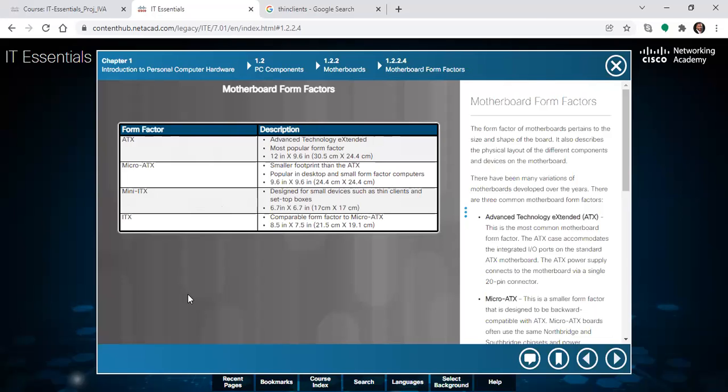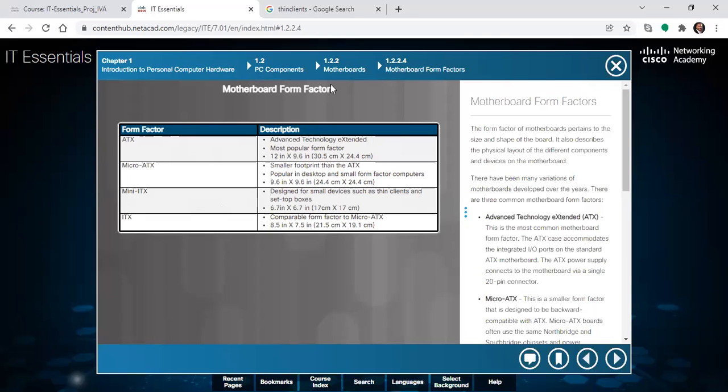So we have the last one, which is ITX. It's a comparable form factor to a micro ATX.